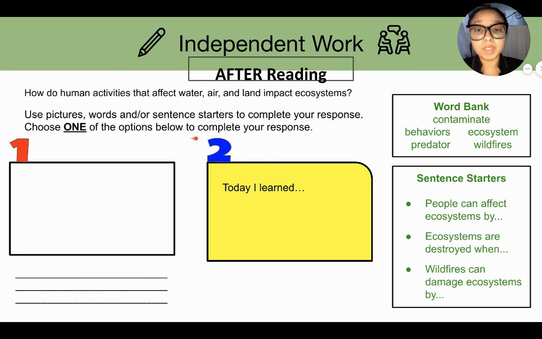Please choose one of these options to complete your response. You can use words from this word bank such as contaminate, behaviors, ecosystem, predators, and/or wildfires. You can also use these sentence starters to start your answer. You can pause the video now to complete your response, or you can end the video now.